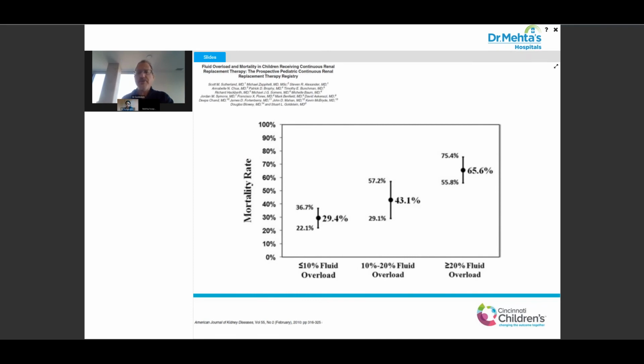But by no measure did patients in the greatest fluid overload group have greater severity of illness than the middle fluid overloaded group. So there were no objective data to tell you that patients needed to get to greater than 20% fluid overload prior to CRT initiation.